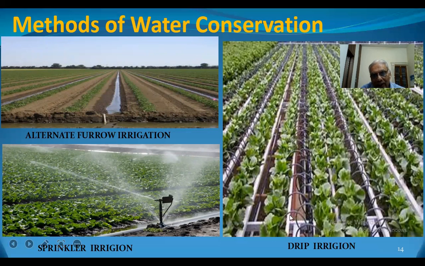Therefore, we have observed that with drip irrigation and sprinkler irrigation systems, the soil remains healthy, and we can save the water and increase the crop production by about 25 to 30%. And for that, the government of India gives a subsidy of up to 50 to 70% to purchase the drip irrigation system.